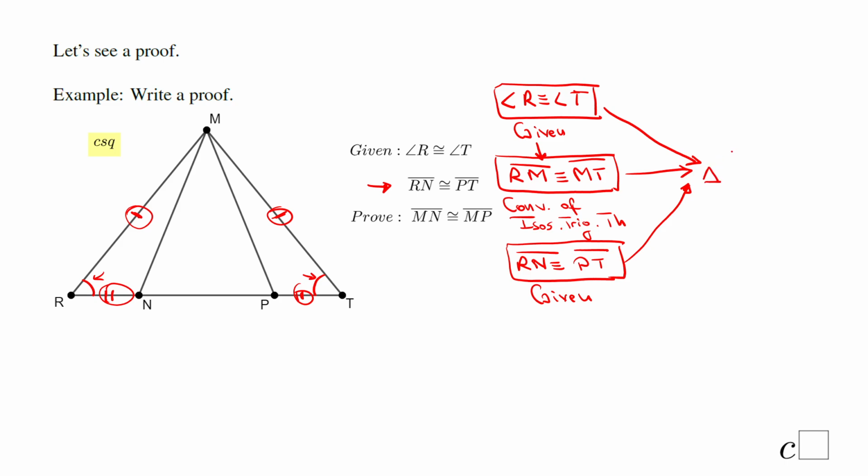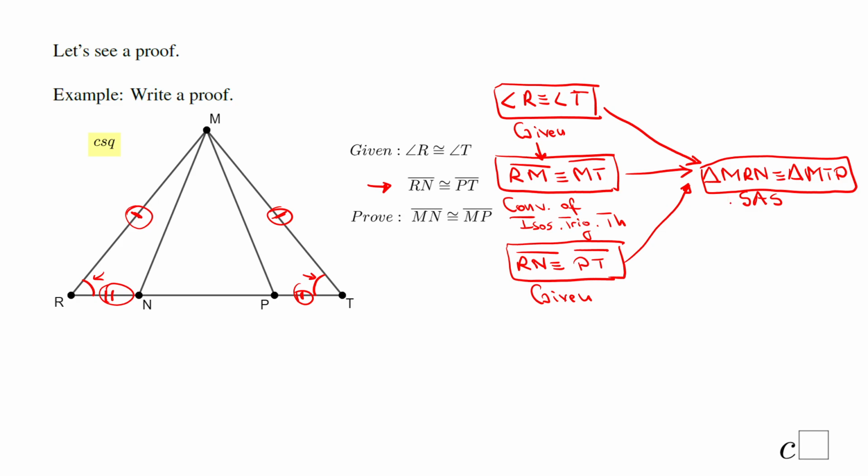They have to be corresponding letters. So I said MRN. You can start any other way. Congruent to triangle MTP. And what's the reason? Like I said, there are two corresponding congruent sides and the angle included, side angle side.